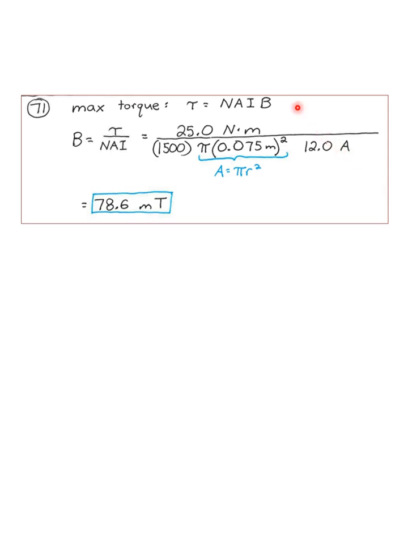The maximum torque on such an arrangement is the number of turns times the area times current times magnetic field. We're going to solve for magnetic field. For area of the circular coil, it's pi times the radius squared, which is pi times 0.075 meters squared, and in the end you should get 78.6 milliteslas.